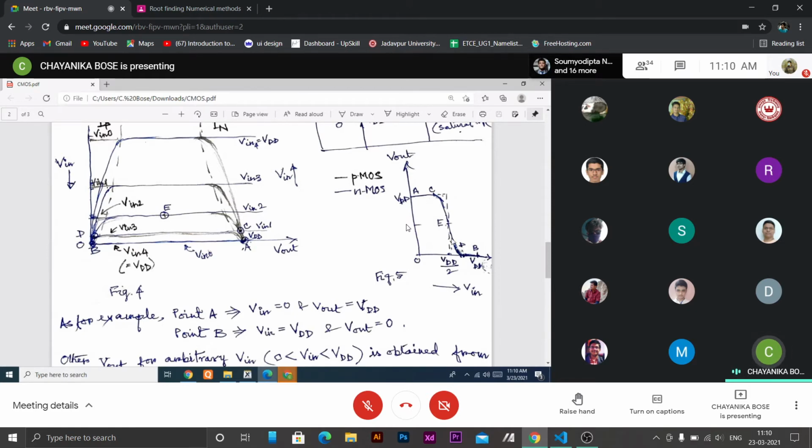So AC and BD will be identical in length, and these are the noise margins for the particular CMOS inverter. Ideally, it should be VDD by 2 and 0. So switching transients will occur just at the input VDD by 2.